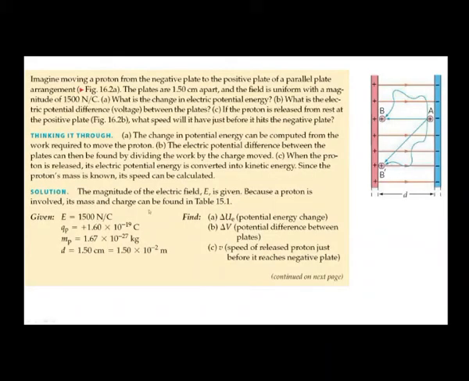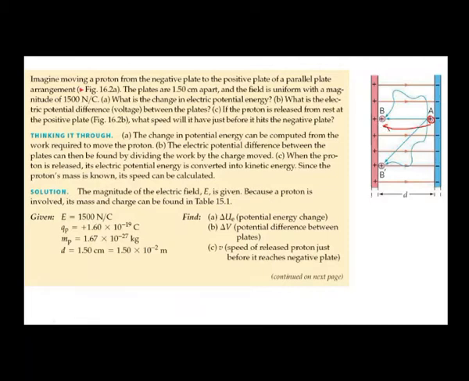So as an example, imagine moving a proton from a negative plate to the positive plate of a parallel plate arrangement. This is our parallel plate. We have the positive plate here and the negative plate. So imagine moving this proton towards the positive plate.